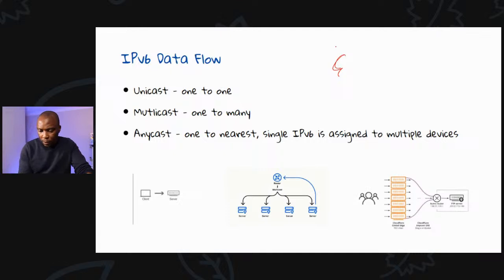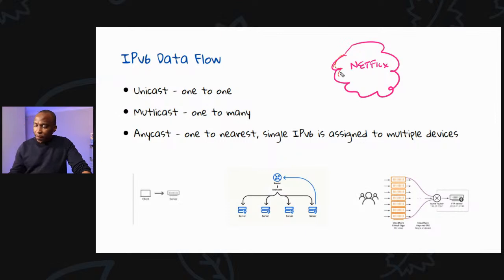Let's take this as Netflix. This is the Netflix cloud. And with the Netflix cloud, they've got these routers that are sitting on the edge of this cloud, and these routers share the same IP address.